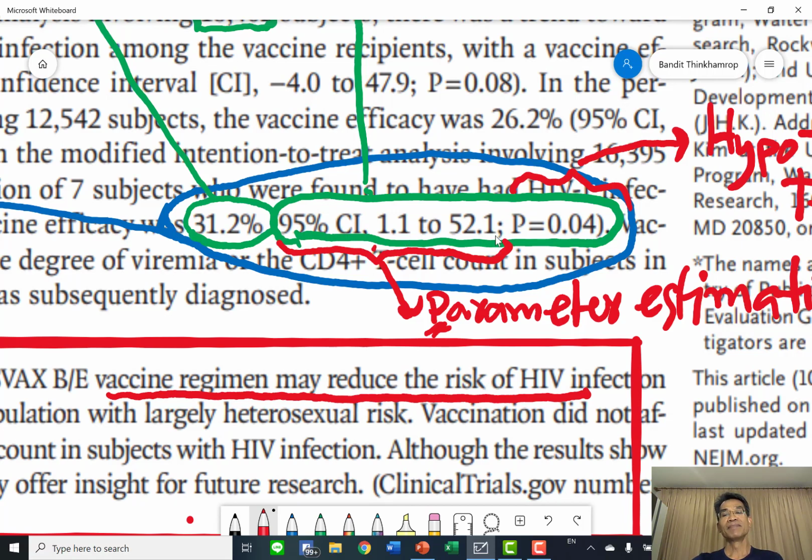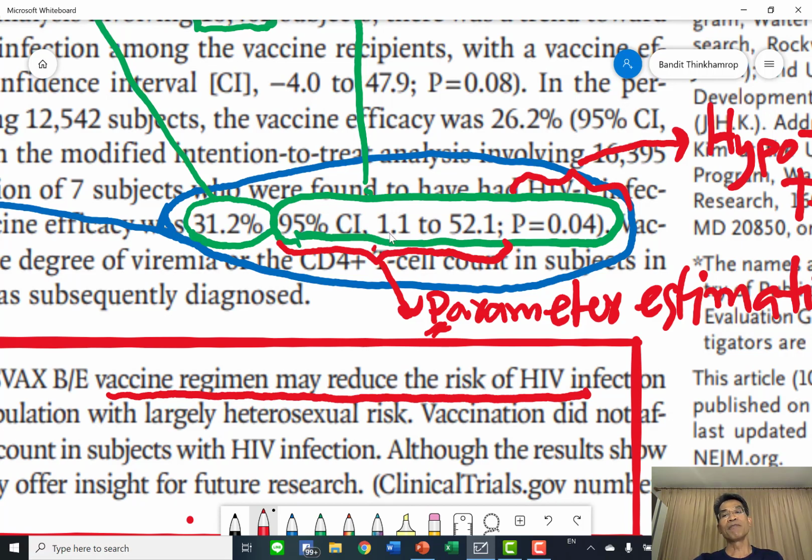Then we judge. If we are the researcher, we judge and then conclude it. That means it may reduce risk. If we are a consumer, we read the paper. If the researcher claims that it can, rather than may, reduce risk, is it valid, for example?